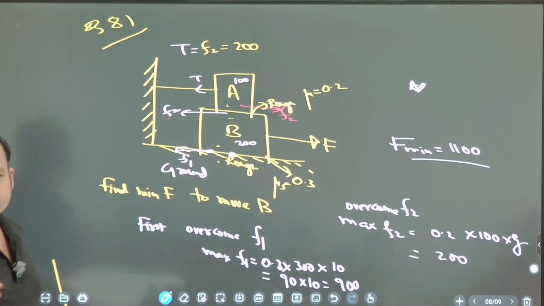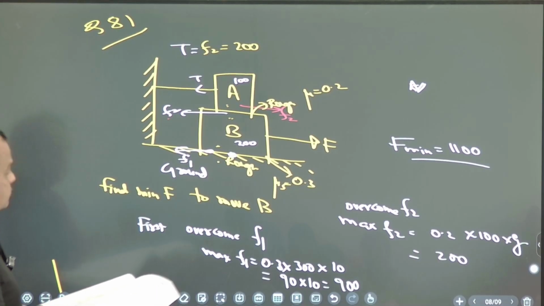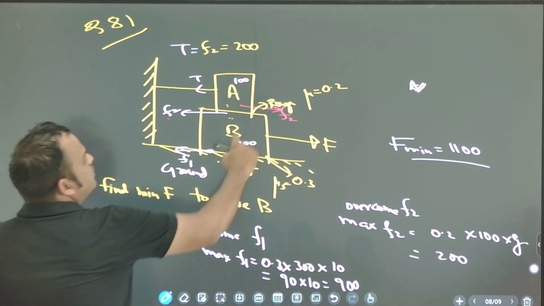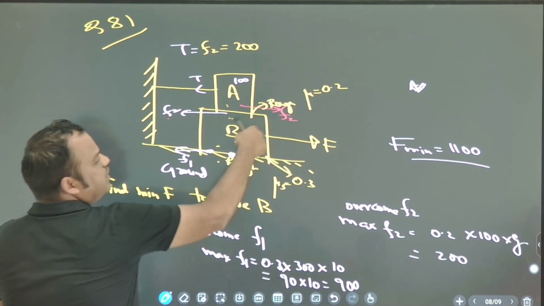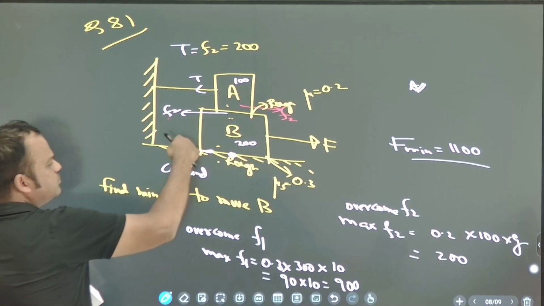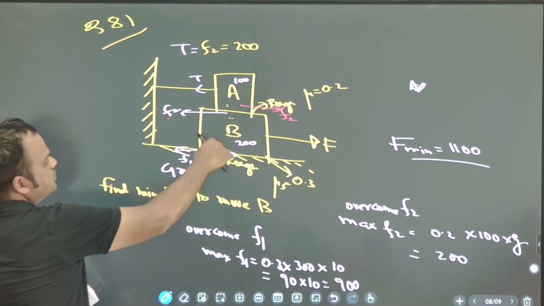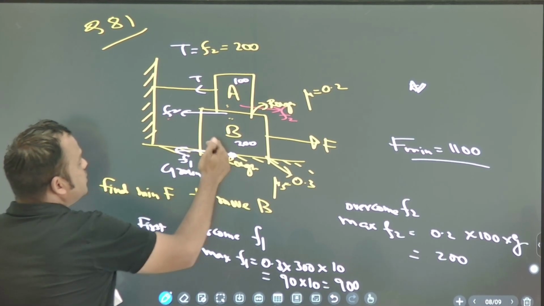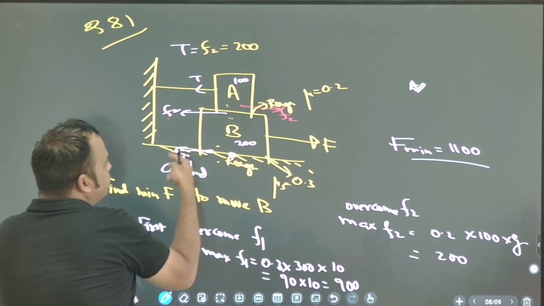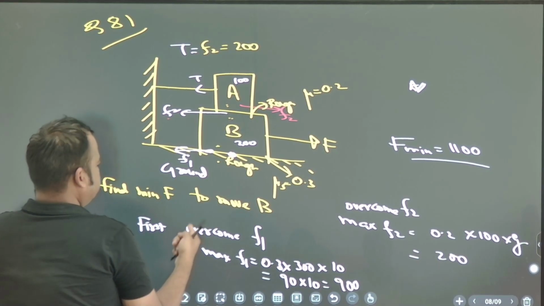Now tell me which one? Okay. See, you are exerting force on B. So B is kept on ground. So ground will exert friction force left. So first you have to overcome F1. Now what is the normal here? Normal value.